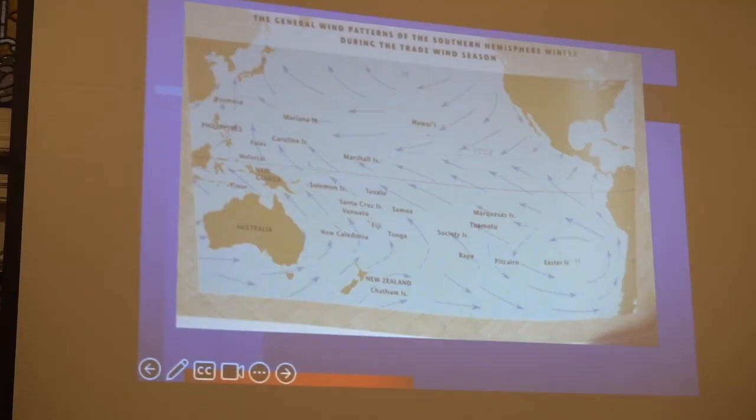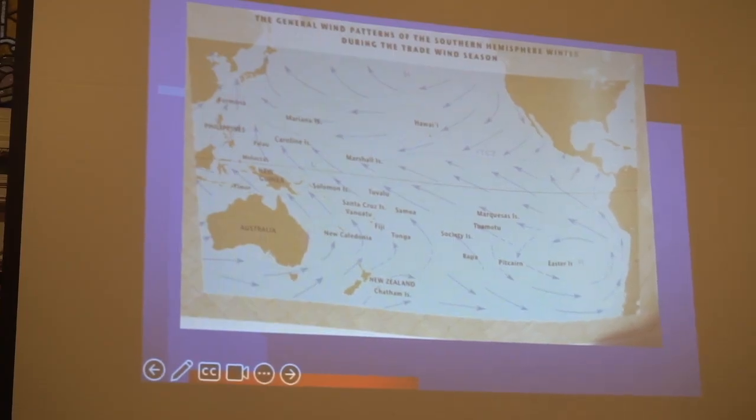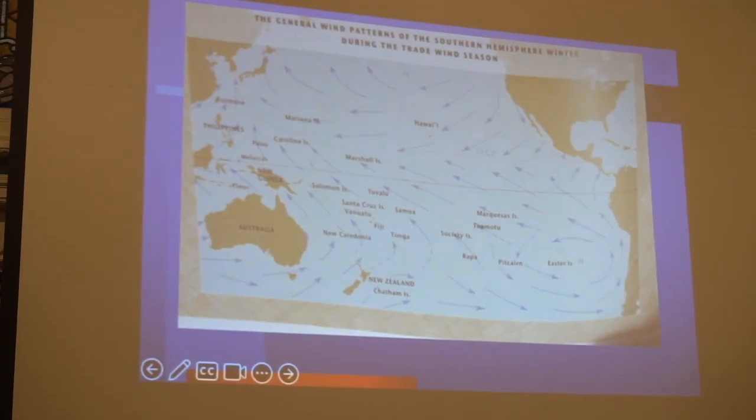In the middle, where these two join, is another area of high pressure, where the air is going up, and that's an area alternating with calm winds much of the time, with squalls and variables and things of that nature. It makes it very difficult to sail in or move from one to the other.